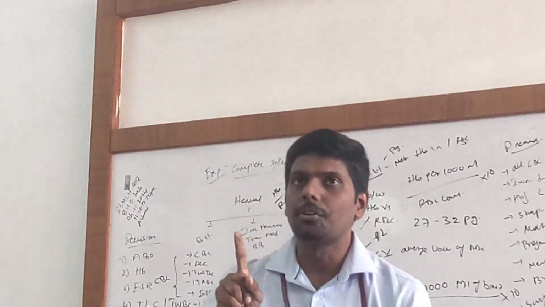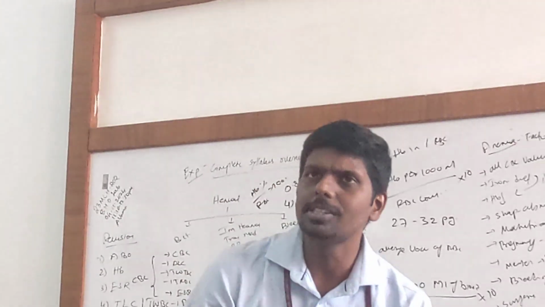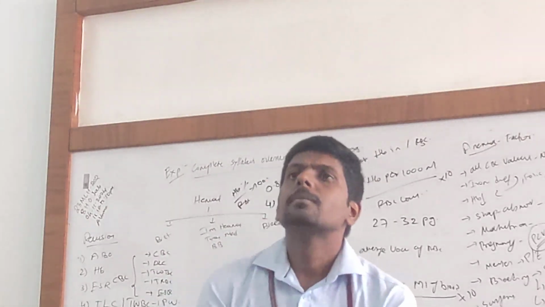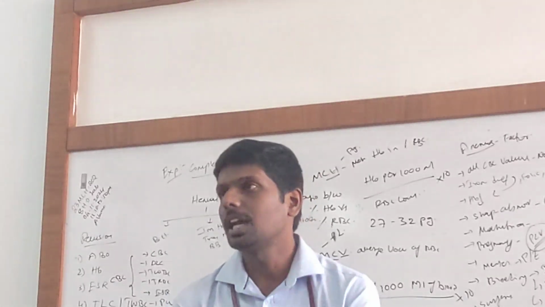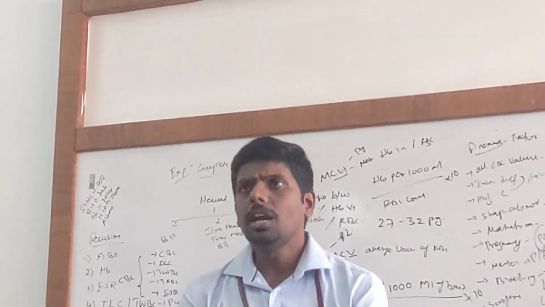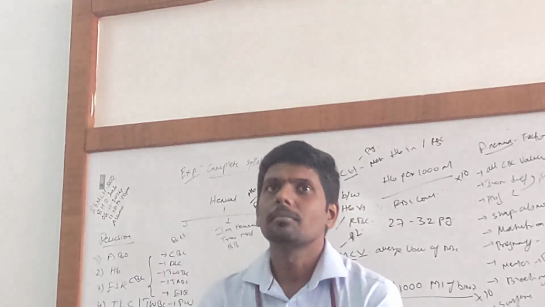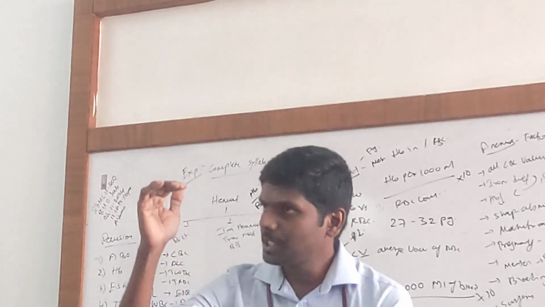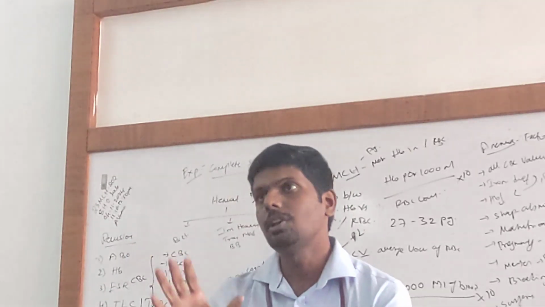PCV by red blood cell count into 10. What is the measuring unit for MCV? Femtoliters, fL, right? So what does it indicate? If MCV is more, what type of anemia? Macrocytic. If MCV is less, volume is less, microcytic anemia. That we understood.